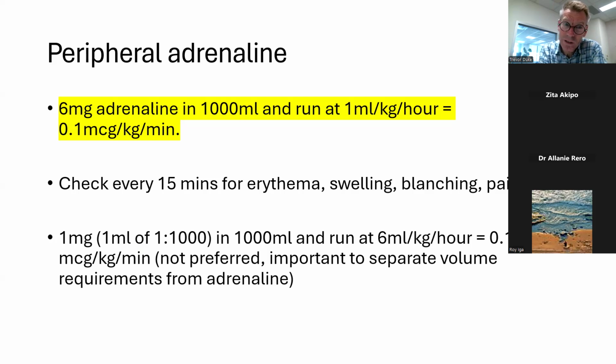And that is 0.1 micrograms per kilogram per minute. I won't go through the calculation, but mostly the dose that we want to run of adrenaline is about 0.05 to maybe up to 0.2 micrograms per kilogram per minute. And I always start typically with 0.1 microgram per kilogram per minute. So that's the way you do it.